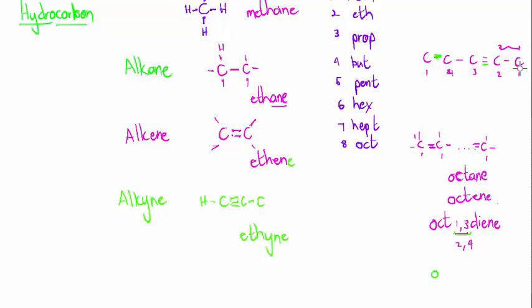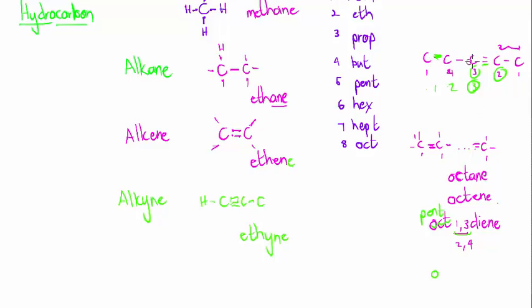I'll start 1, 2, 3, 4, 5. While if I start on this side, it would have been 1, 2, 3. So it will either be 2 or it will be 3 if I number from this side. I'm going to choose the numbering that makes it the smallest. Sorry, I messed up here. This wasn't octene, that was pentene.